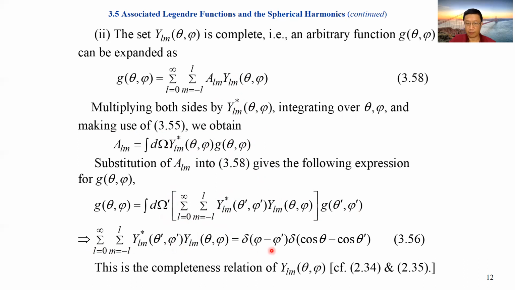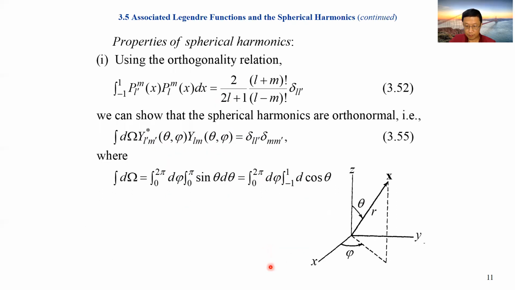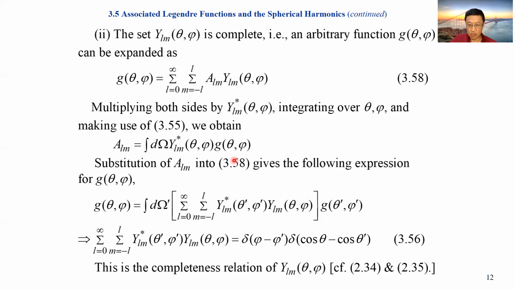Only when this one equals the Dirac delta function. This is the Kronecker delta, which means when the indices are the same, it is 1, and when the indices are different, it is 0. And this is the Dirac delta function. This is the completeness relation, or closure relation. Completeness or closure relations can be written into this form.